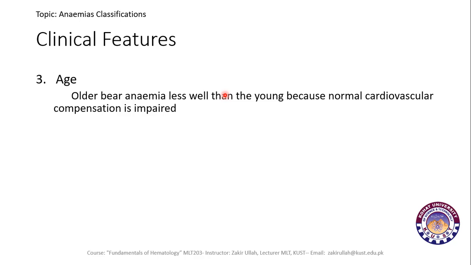In older patients, the cardiovascular system cannot compensate for the deficiency in hemoglobin and the supply of oxygen to the tissue. So there is a disturbance in their cardiovascular compensation, and older patients bear the condition of anemia less well.